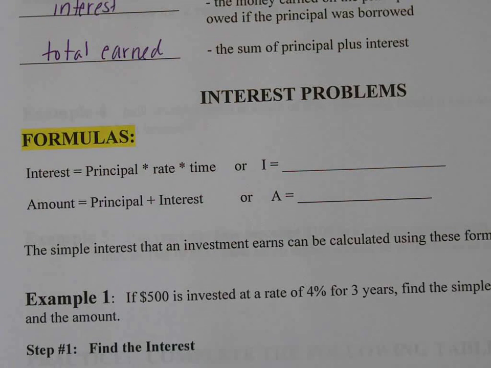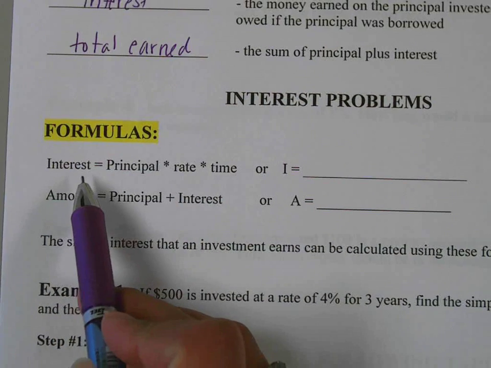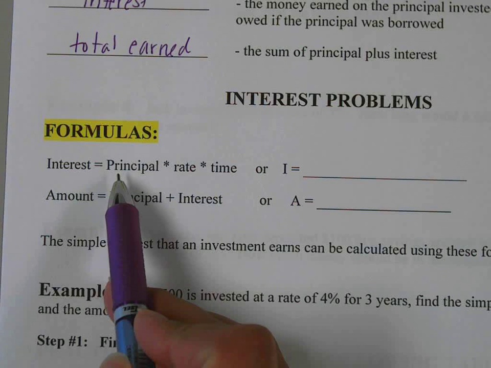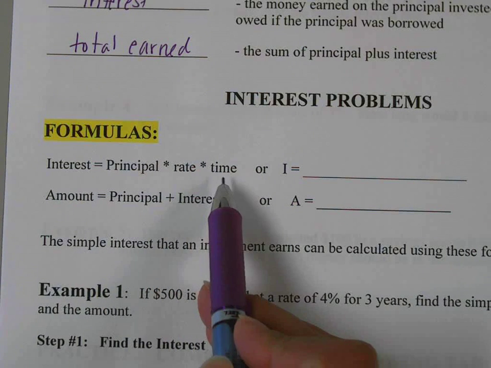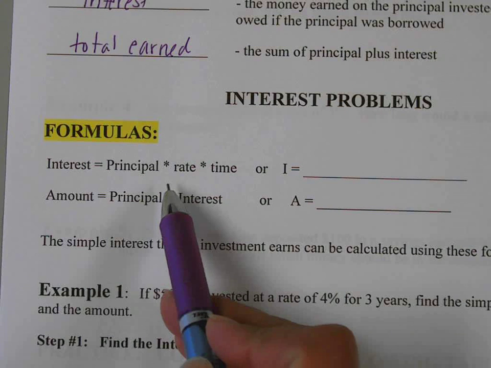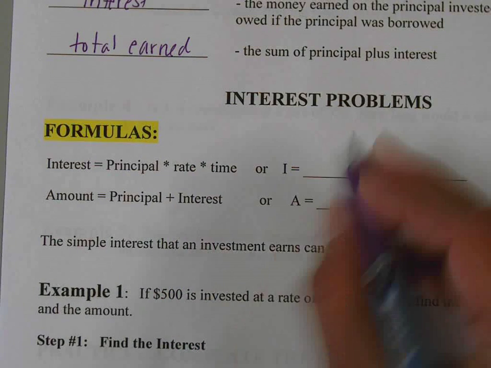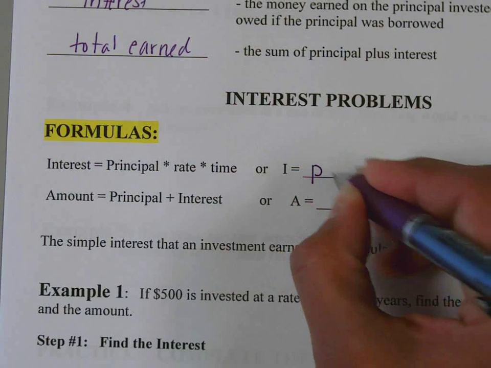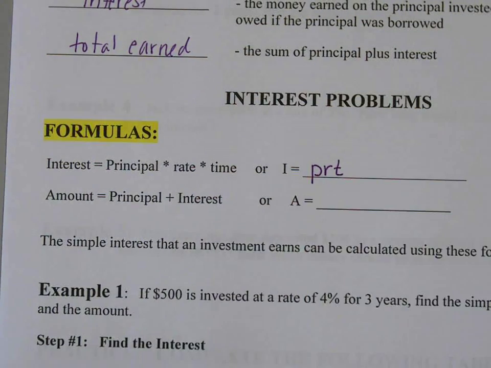So we have a formula for simple interest, and that formula is the interest equals the principal times the rate times the time. This looks a lot like our percent equation, except now we have time in here. So what that looks like is I equals P for principal, R for rate, T for time.